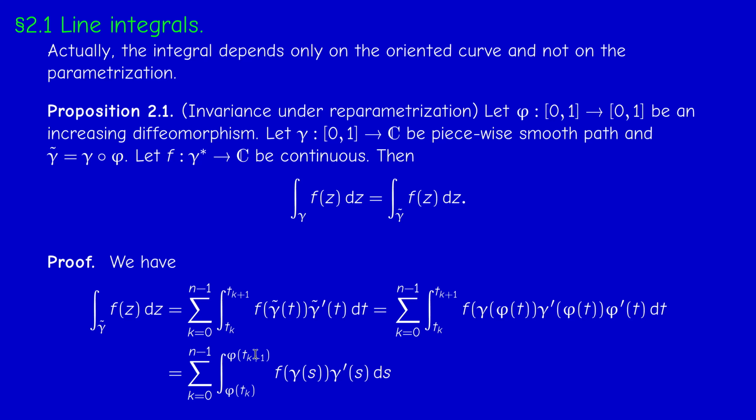And now what's that actually? This is just the integral over gamma of f. So otherwise stated, the line integral is independent of the parameterization, provided the parameterization gives the same orientation to the curve.